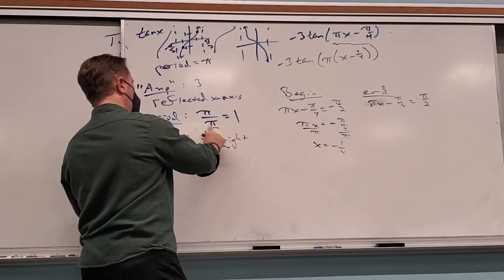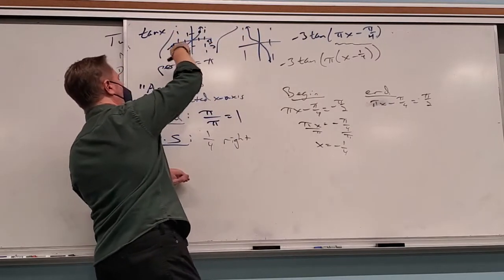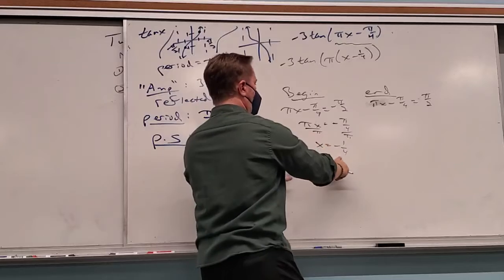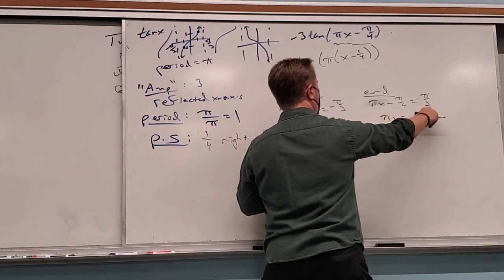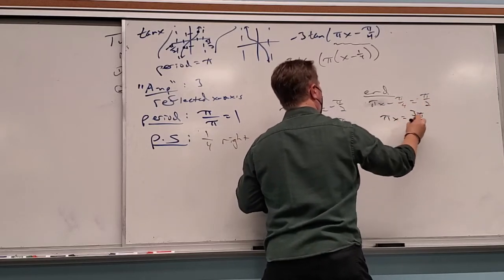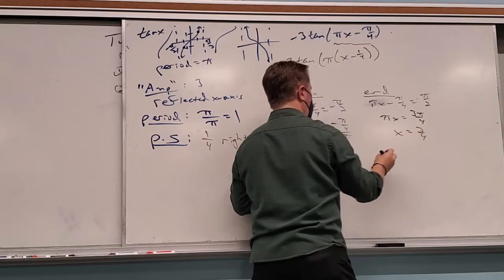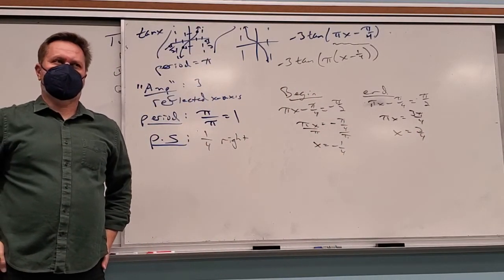This is weird. You won't see this directly because it doesn't start at 0, it starts at negative pi over 2. It'll be okay. So we're going to start at negative 1/4. And here, if I add pi over 4, that's 2 pi over 4 plus pi over 4 is 3 pi over 4. And if I divide by pi, I get 3/4.